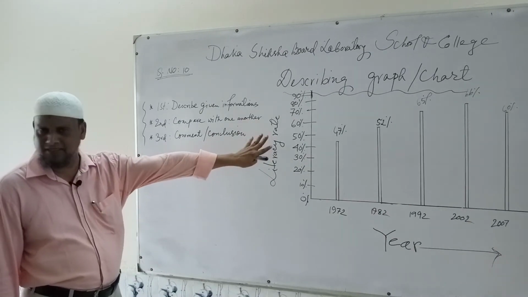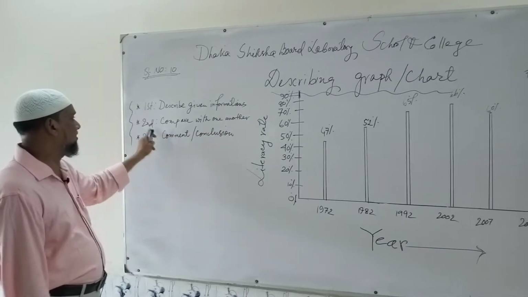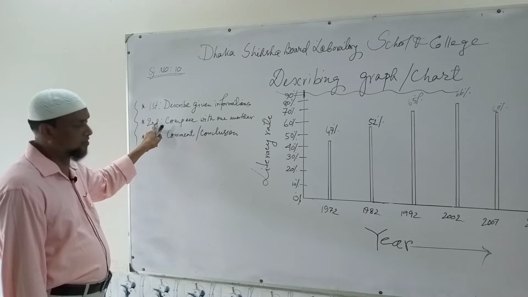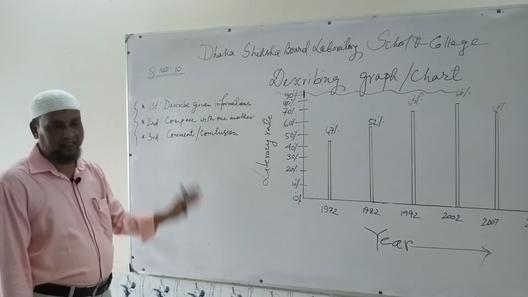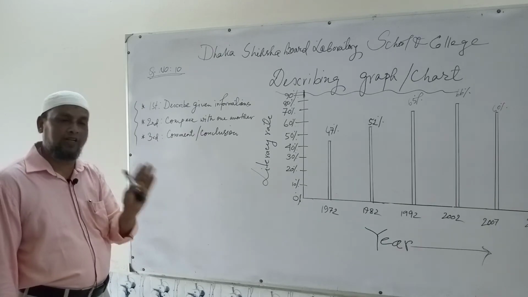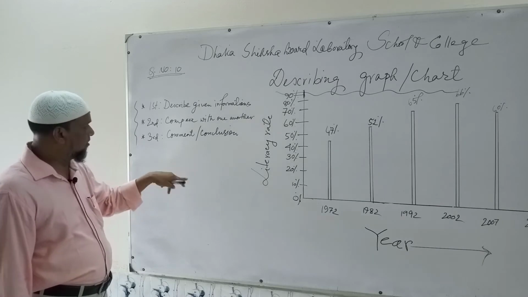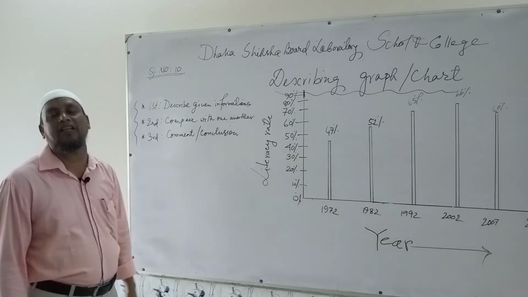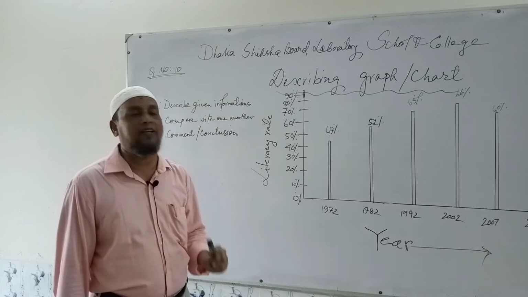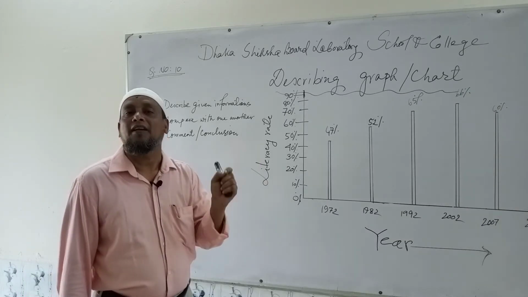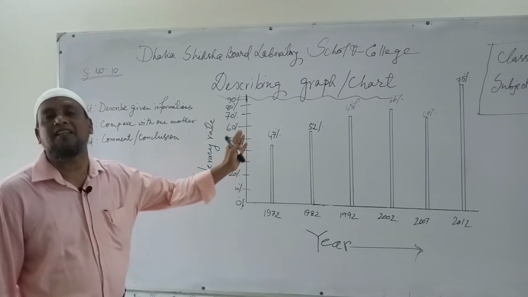After describing, in the second situation, you have to compare with another. This is the highlighting part, because you are asked to highlight. And finally, you have to write comment or conclusion, that is, you have to close the writing. But before closing, you have to give your comments. Now, let's start. How can we describe this graph?